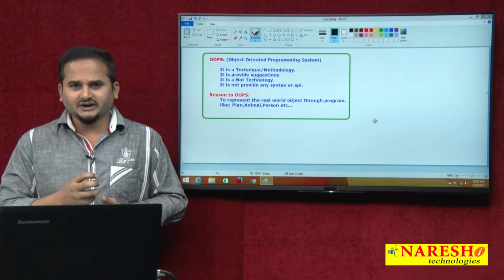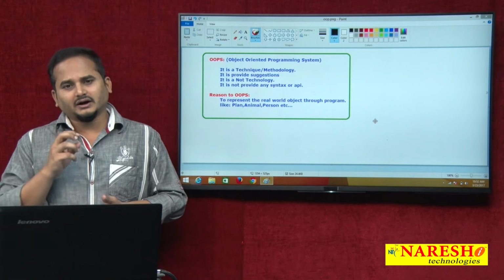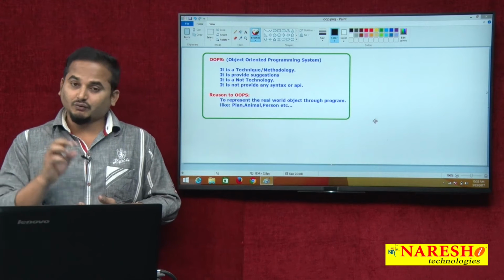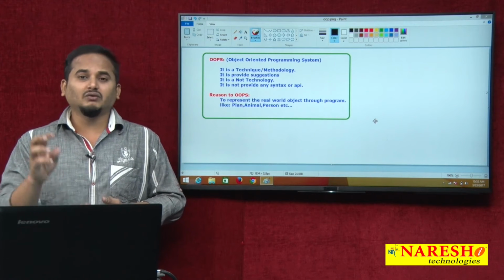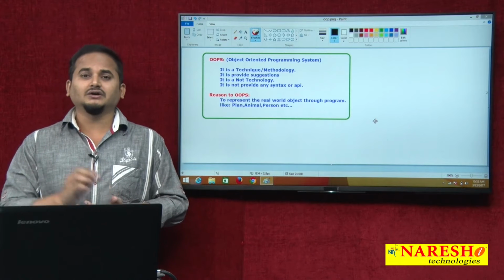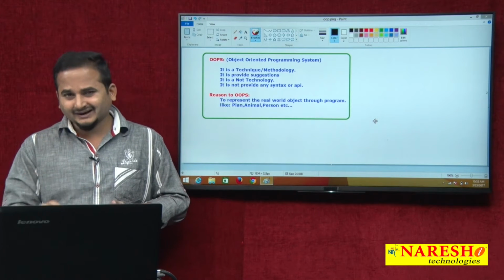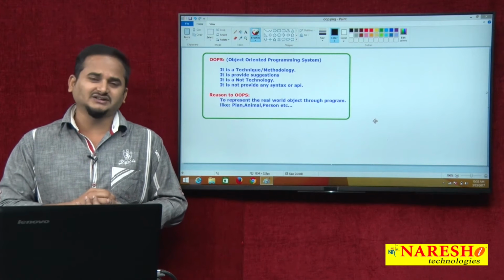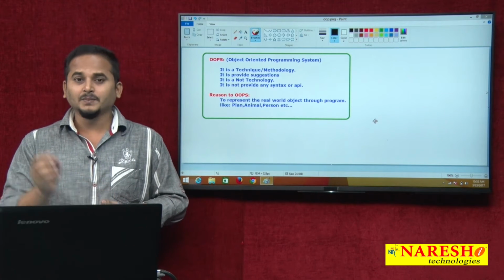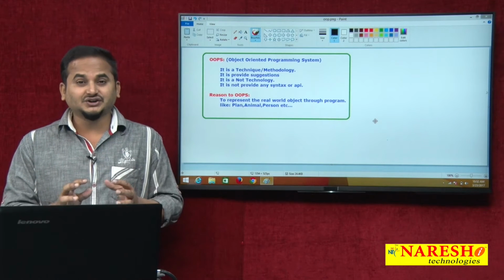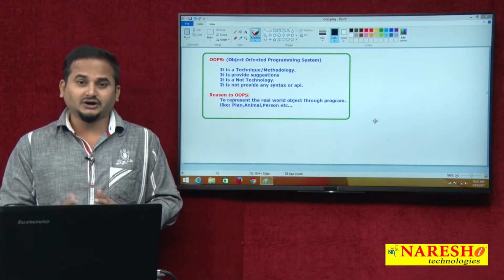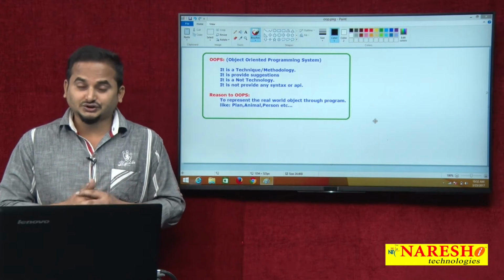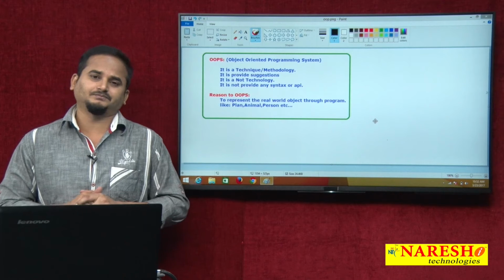If you want to represent any real world object through technology, we require a technique. That technique we can call object oriented programming system. One more time I am repeating: if you want to represent any real world object through technology, we require object oriented programming system.